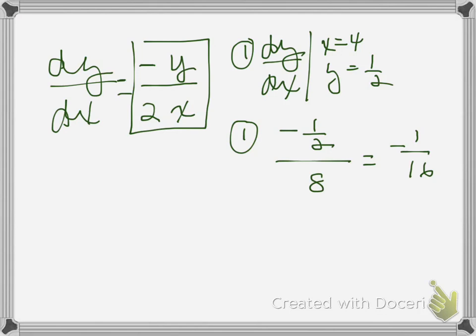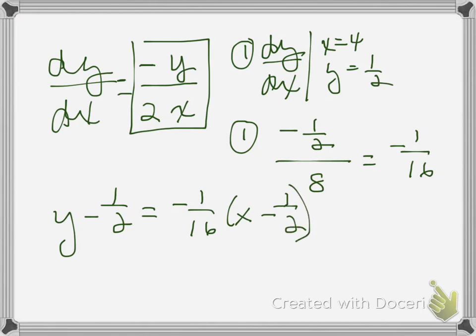So what do I know? I know that my x is 4 and my y is 1/2. So y minus 1/2 equals negative 1/16 times x minus 1/2. Let's do x minus 4. Sorry about that. So x minus 4.